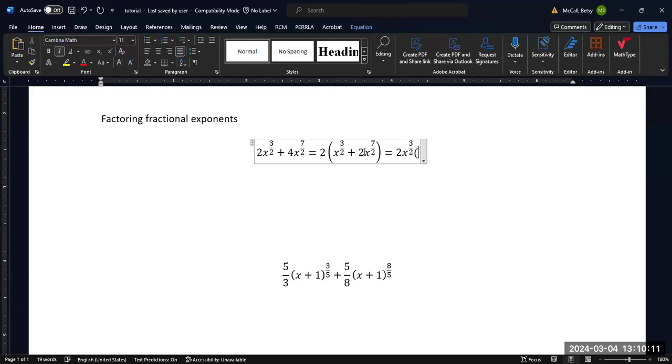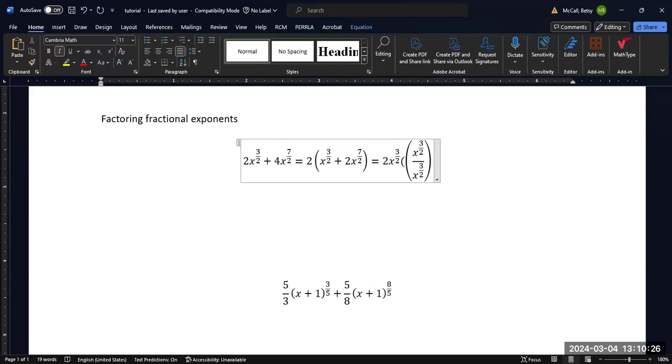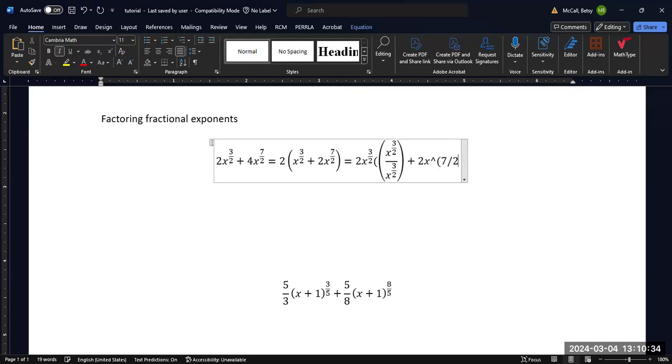And then what's going to end up inside of our parentheses is essentially we're going to divide each of our terms by x to the 3/2. So x to the 3/2 divided by x to the 3/2, and then x to the 7/2 divided by x to 3/2.